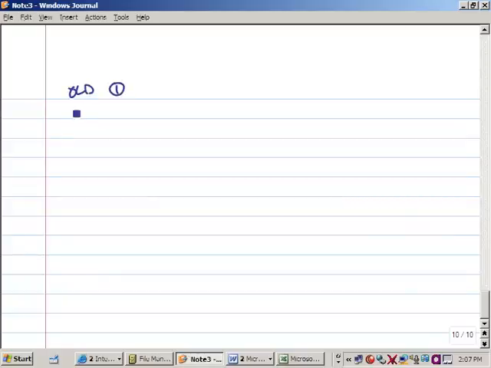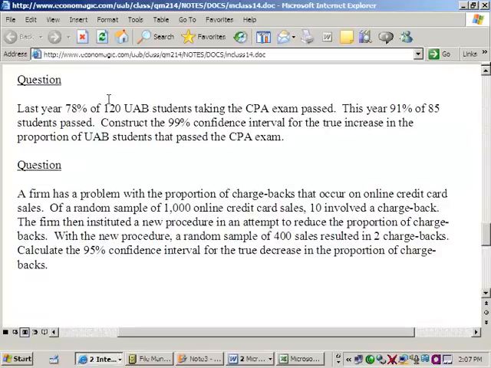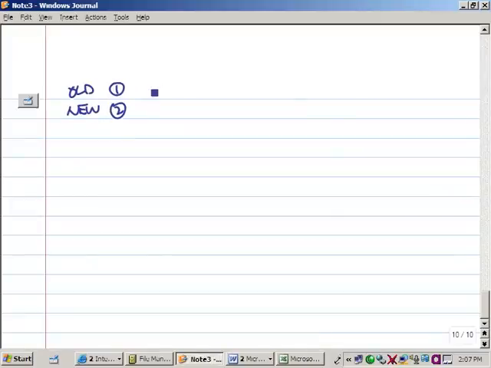Old 1, new 2. And the old we have a sample size of 1,000. And the sample proportion there, 10 out of 1,000, it's 1%.